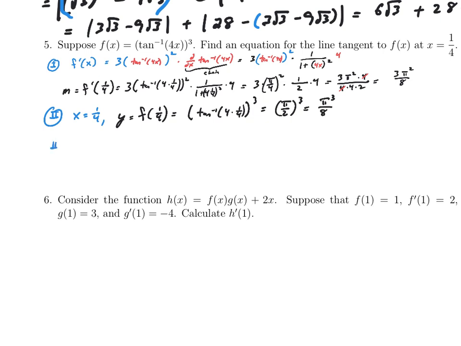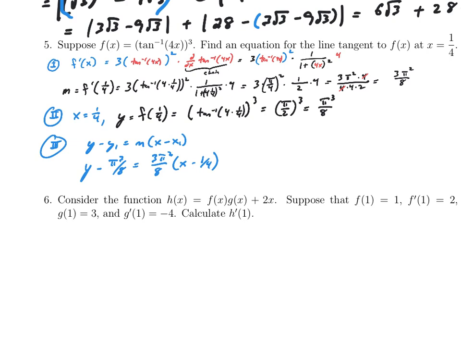So now we have the equation of a line. So now we have a point and a slope. So we have y minus y sub 1 is equal to m times x minus x sub 1. So we have y minus pi cubed over 8 is equal to 3 pi squared over 8 times x minus 1/4.